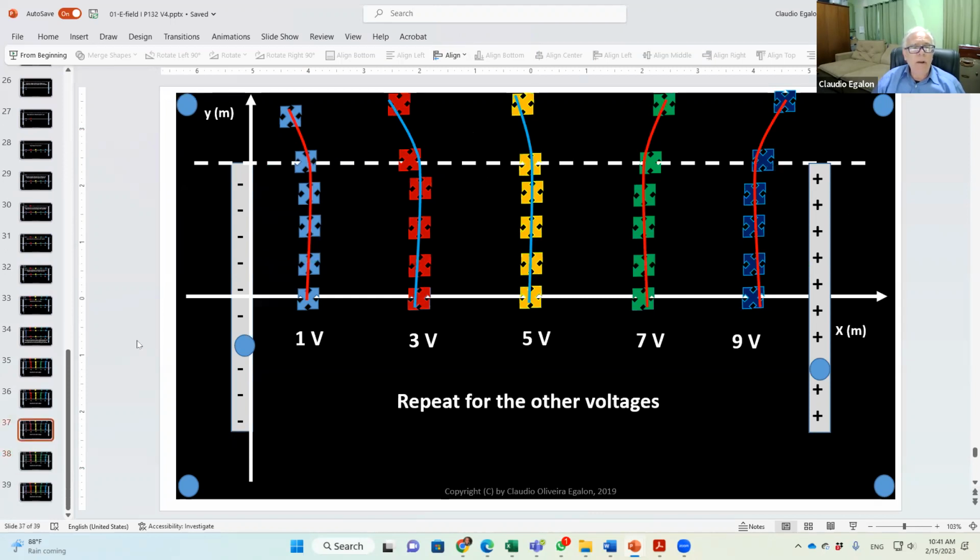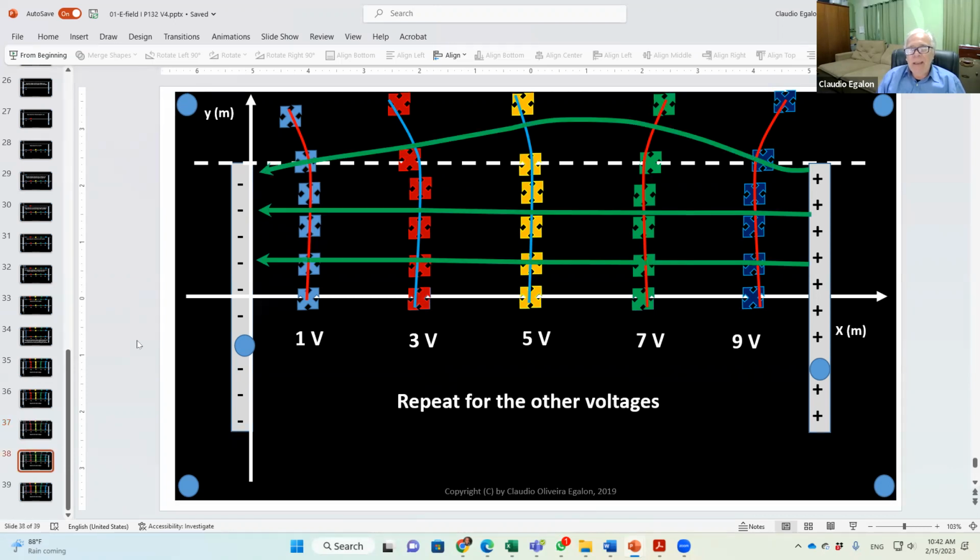Okay, so like I told you, there is a relationship between the equipotential and the electric field lines. The electric field lines are normal, which is almost the same as perpendicular, but not exactly. They are normal to each other. What do I mean by normal?